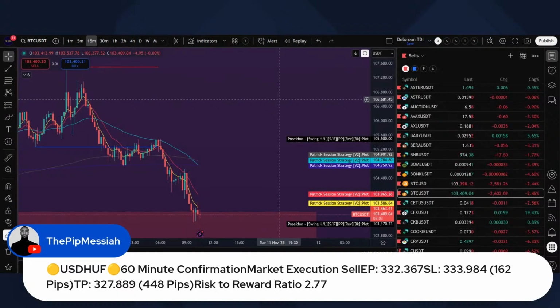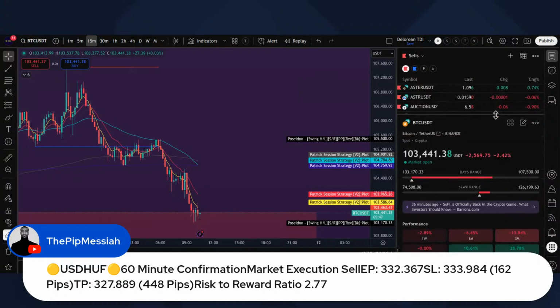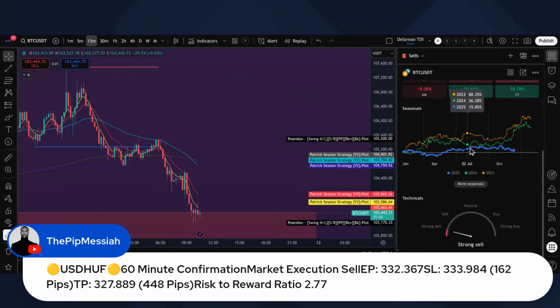And we're close to a confirmed downtrend on the 15-minute. As soon as the 200 and the 50 cross over the 800 EMA. And even the built-in technicals from TradingView bear that out. Bitcoin is considered a strong sell right now.